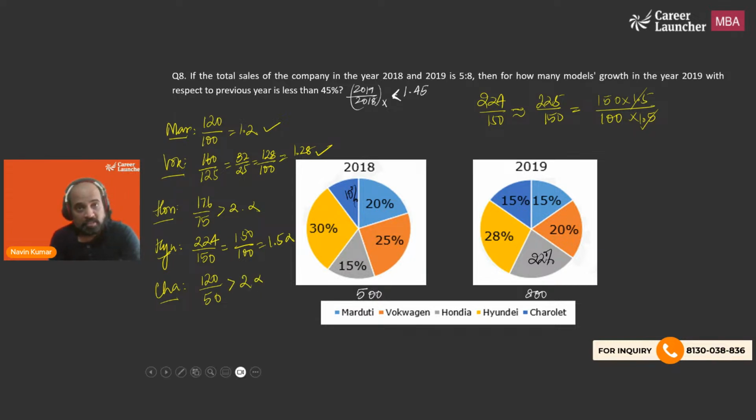So out of the total cars that have been sold, there are only 2 cars, Maruti and Volkswagen, where the growth in 2019 with respect to 2018 is less than 45%. So 2 such cars, right?